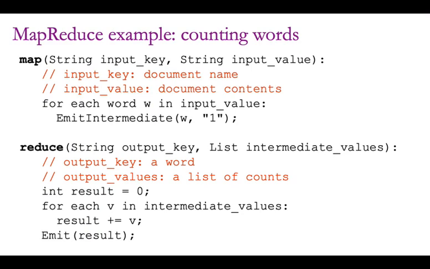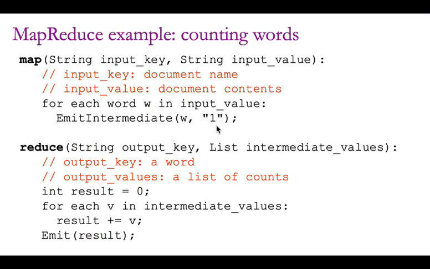Reduce will take, for each output key, which is equivalent to the W there, the word. It'll operate on a word and a list of intermediate values, which is a list of values or output.